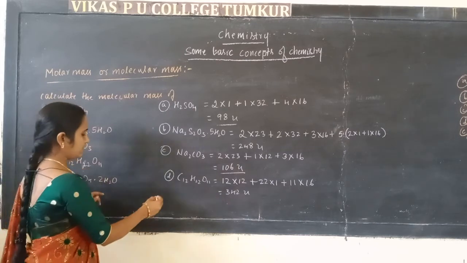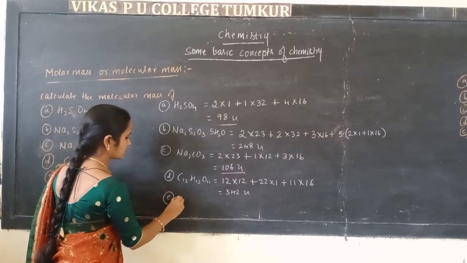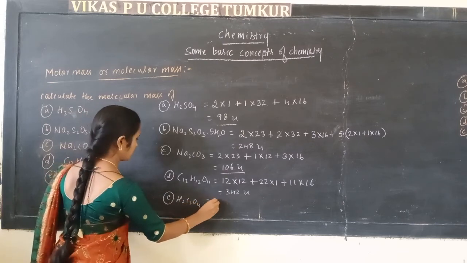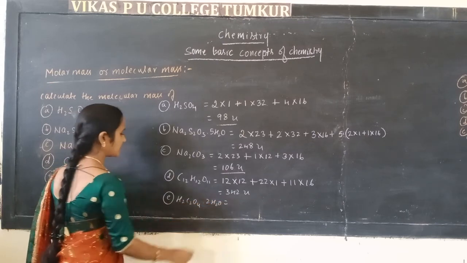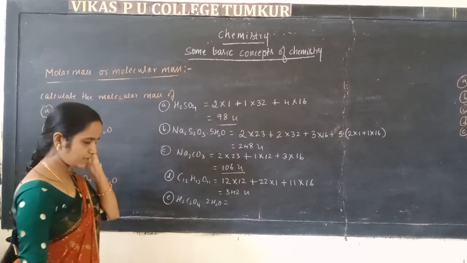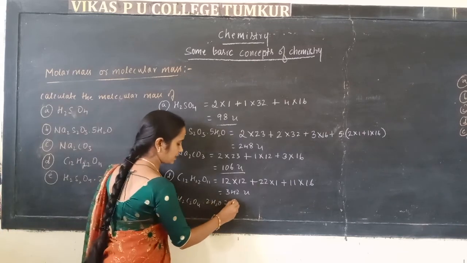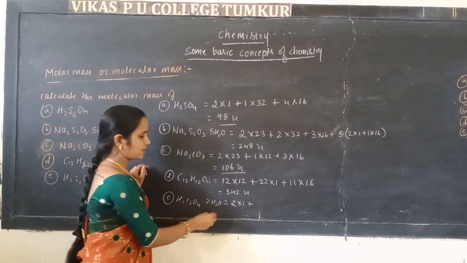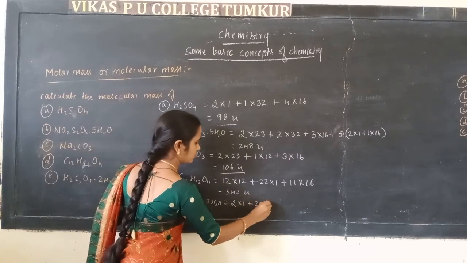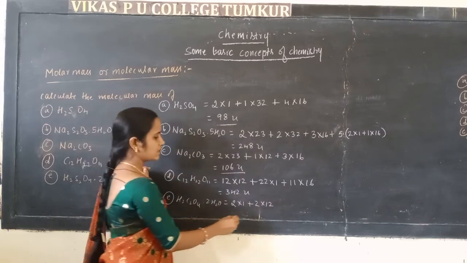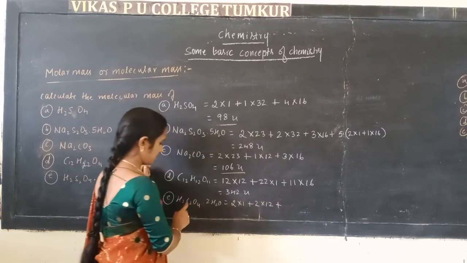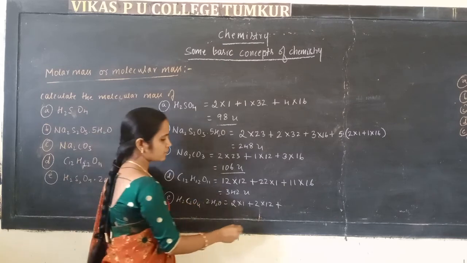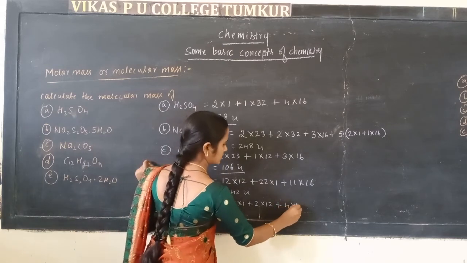Like that we will calculate oxalic acid, H2C2O4.2H2O. The number of hydrogen atoms is 2 into 1, plus the number of carbon atoms is 2 into 12, plus the number of oxygen atoms is 4, so 4 into 16.